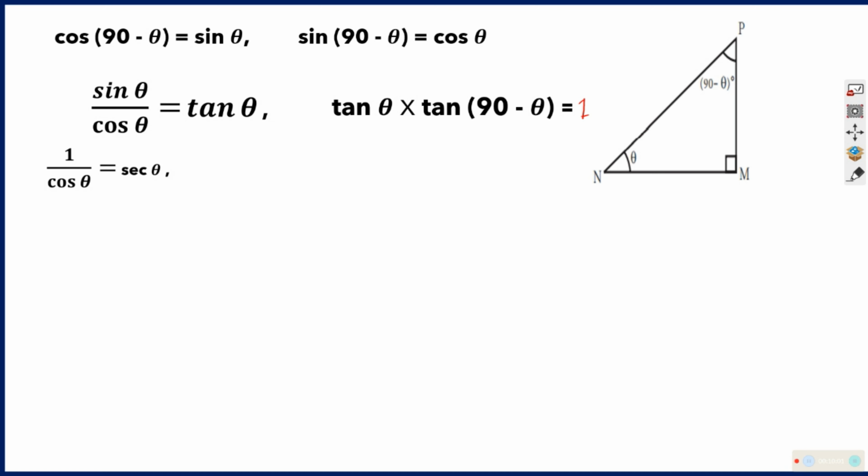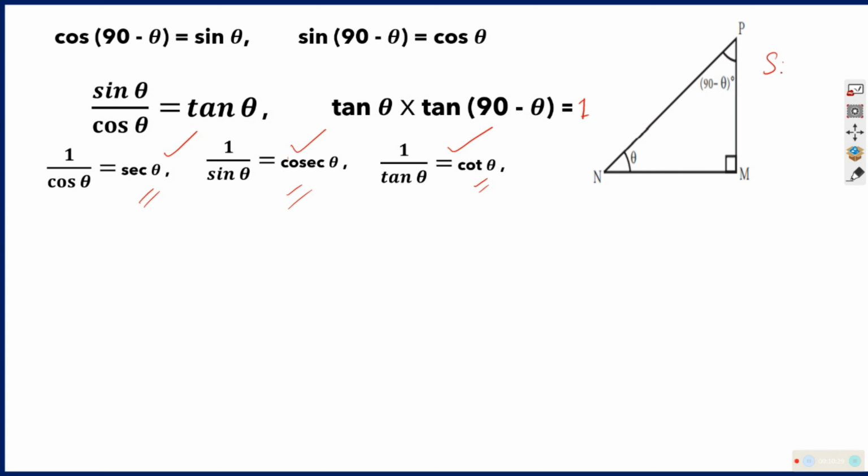What are they? 1 upon cos theta, the inverse of cos theta, we name it as secant theta or sec theta. And 1 upon sin theta is named as cosec theta. And 1 upon tan theta is named as cot theta. So we got 3 more ratios, or 3 more names.